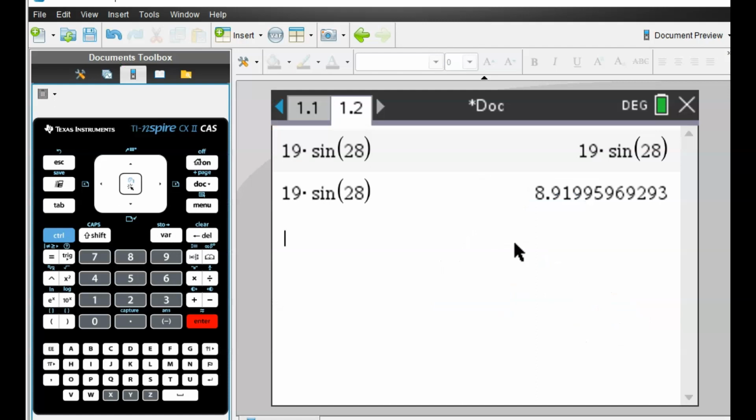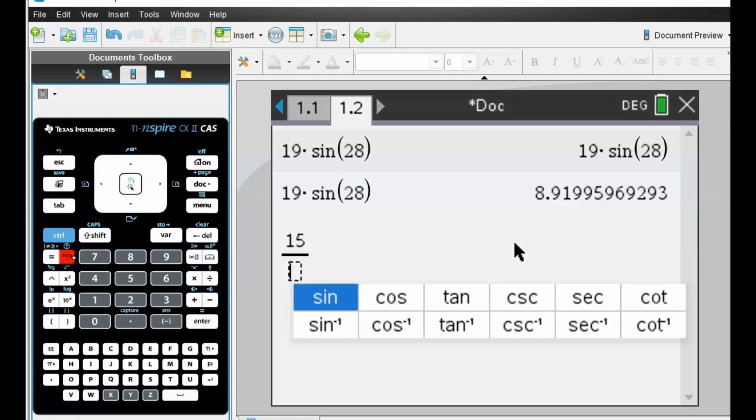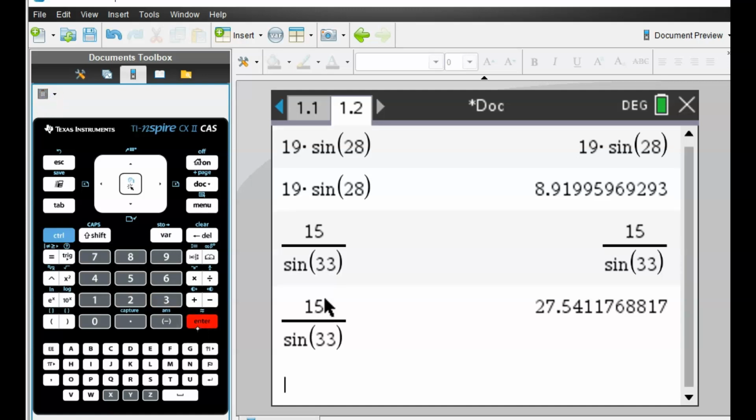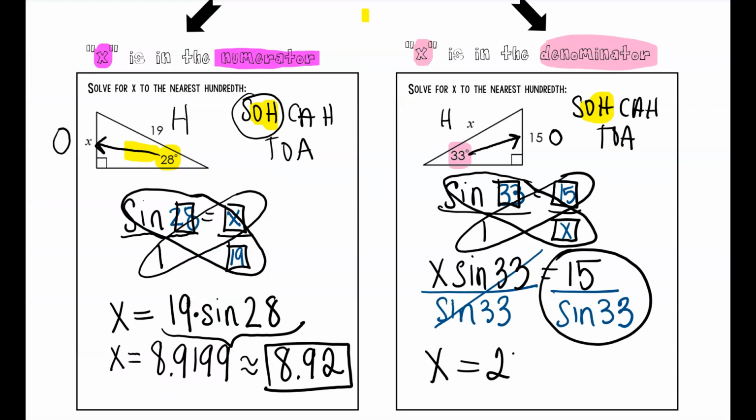So 15 over sine of 33, control division, 15. Then in the bottom, sine, so you hit the trig button, sine of 33. Okay, control enter will get me a decimal, so 27.54. That would be our value for x.